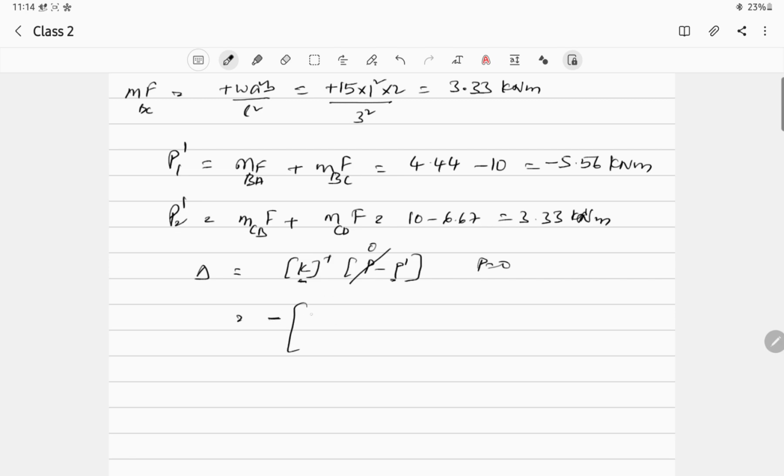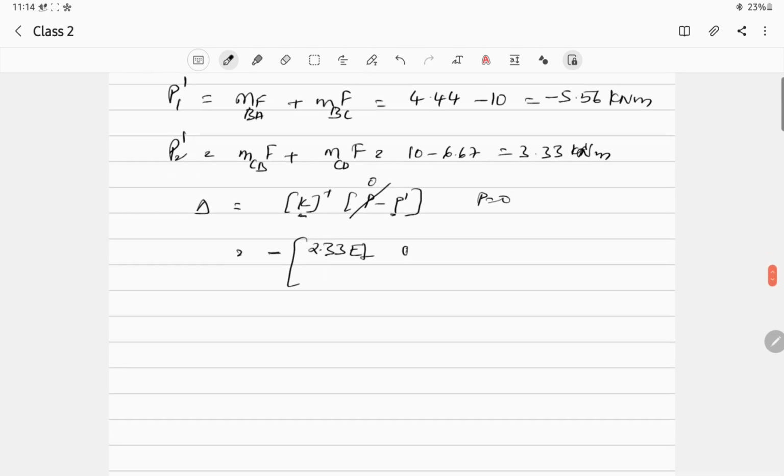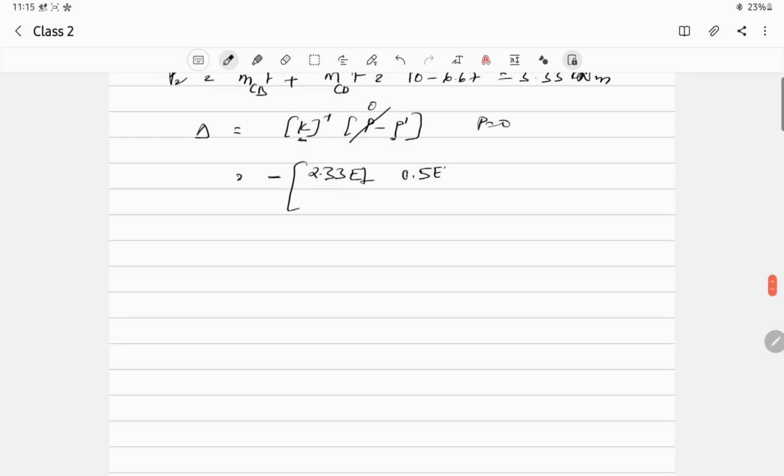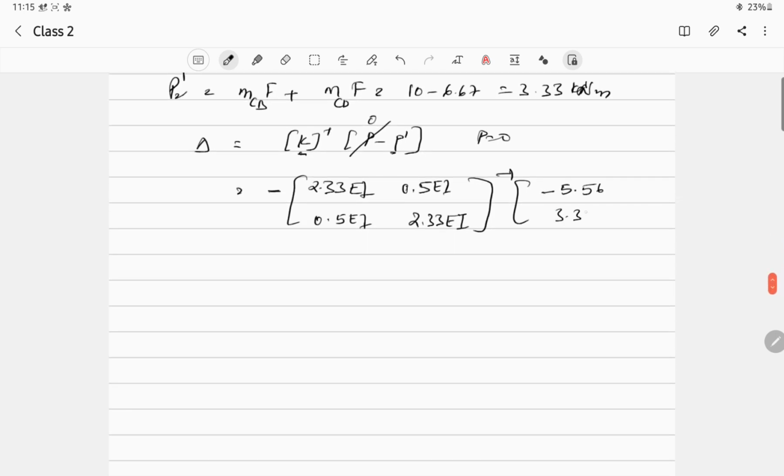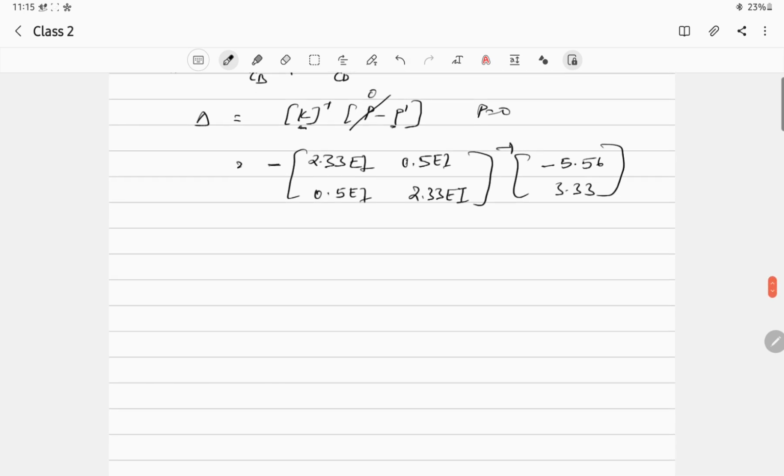So I'll write down the stiffness matrix, that is 2.33 EI, then here we have 0.5 EI, then here also we have 0.5 EI, and here we have 2.33 EI. This matrix should be inversed, then into minus 5.56. These are the two values I am writing here, P1 and P2. Then 3.33.